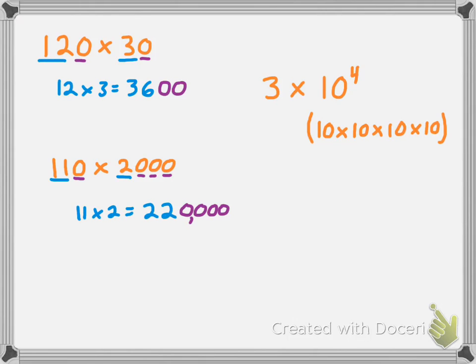Because 10 times 10 is 100, and 100 times 10 is 1,000, and 1,000 times 10 is 10,000. In other words, 1, 2, 3, 4 zeros. 10,000 times 3. 3 times 1 is 3, and then there are 1, 2, 3, 4 zeros behind it, or 30,000.